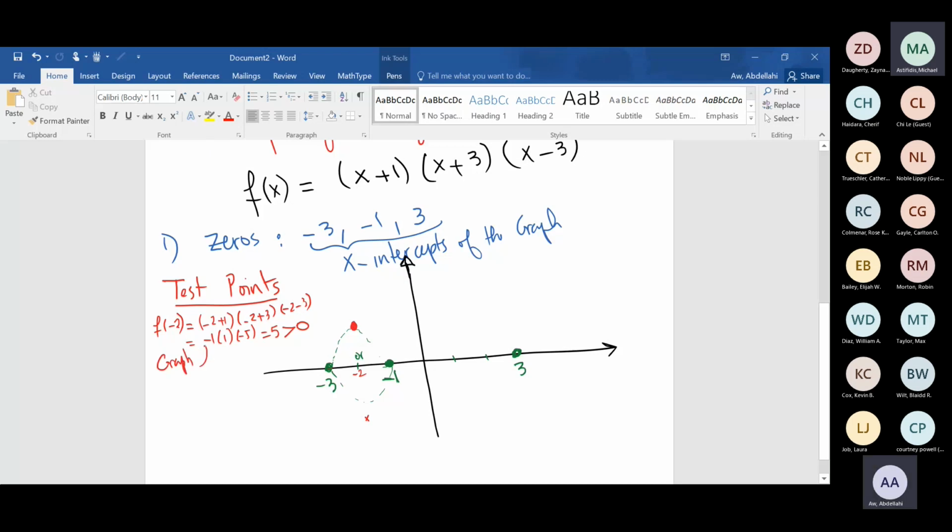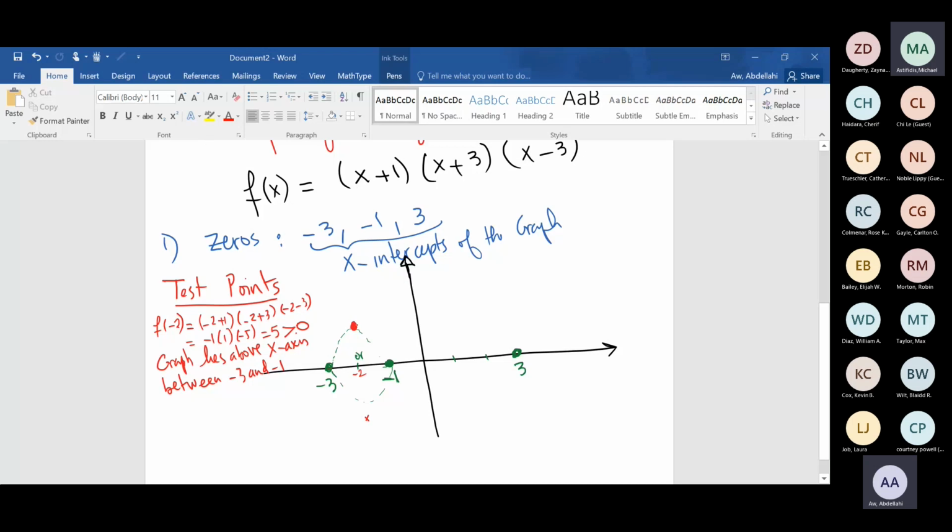The graph lies above the x-axis between negative 3 and negative 1. Does it make sense, everybody? Yeah. Because I have 1 point which is above, right? If I have 1 point above, it means the graph lies above.